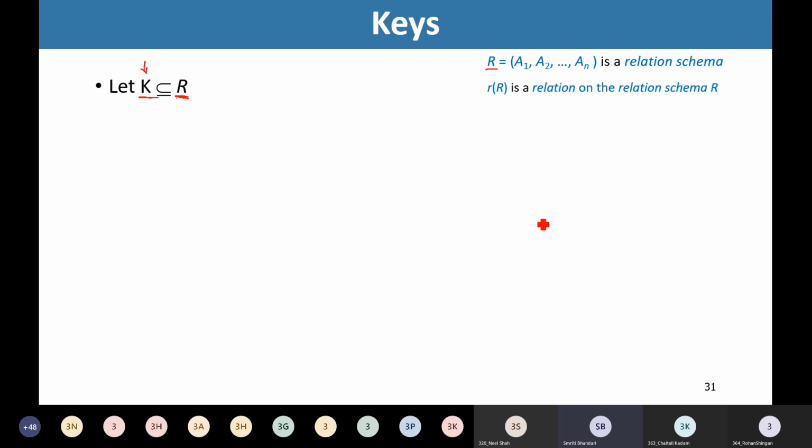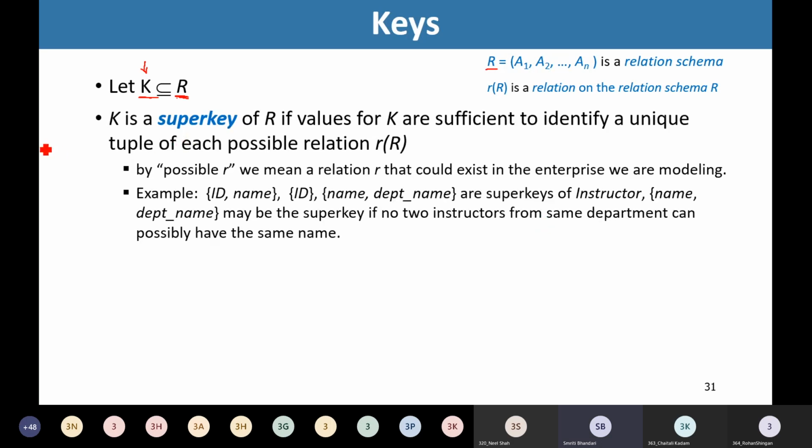Right? Now, we are talking about the first kind of key, and that is a super key. So what is a super key? This set of attributes K, which is a subset of capital R, the relation schema.